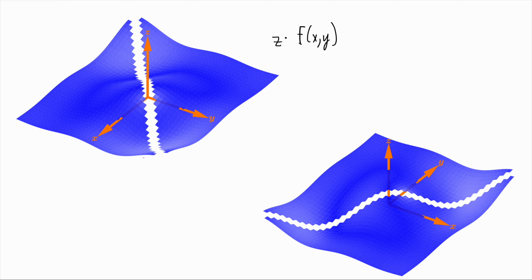The output is for some function where we're plugging in x, y. And the actual formula for this particular surface is sine x minus sine y, all divided by x minus y.